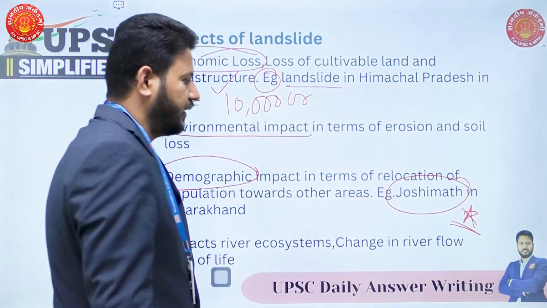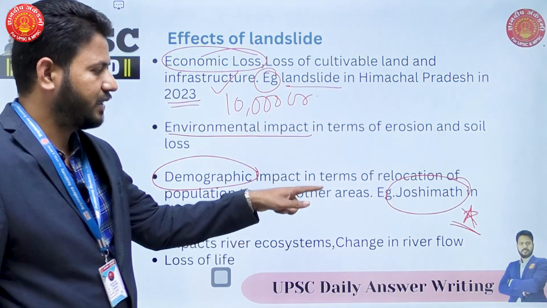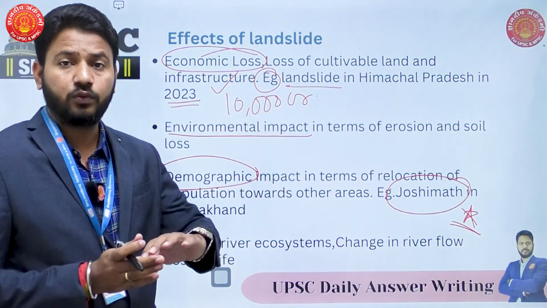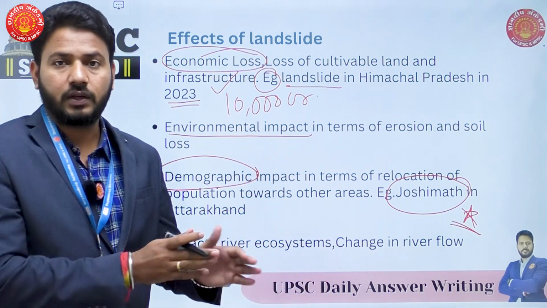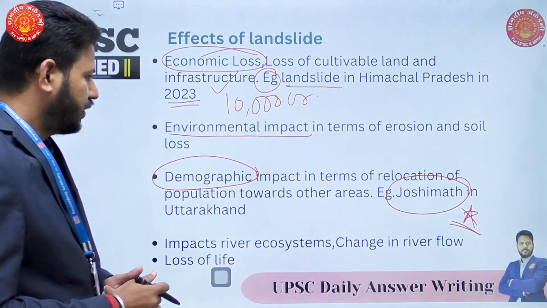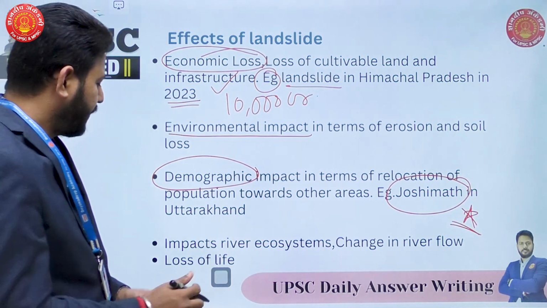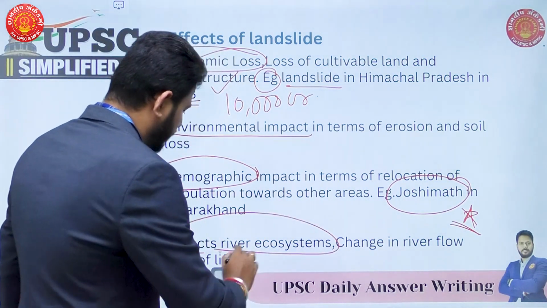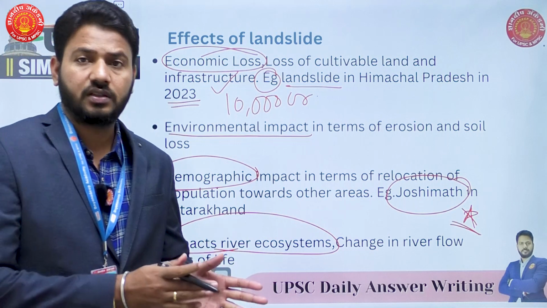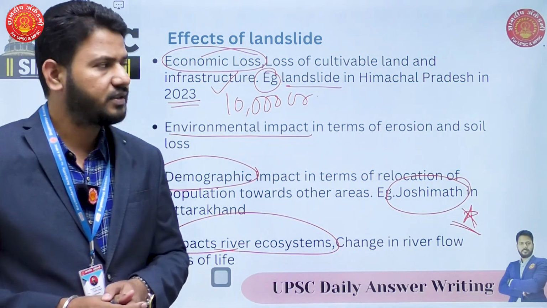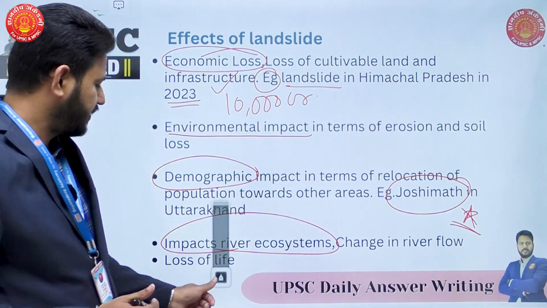Because of the subsiding land or landslides in Joshimath, many people had to forcibly relocate, so there was displacement of people from Joshimath in Uttarakhand. And then impacts on river ecosystems also. Many rivers can change their flow patterns because of landslides. So these are some effects of landslides.